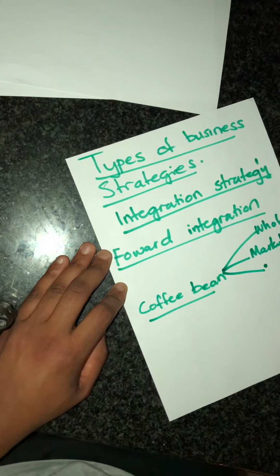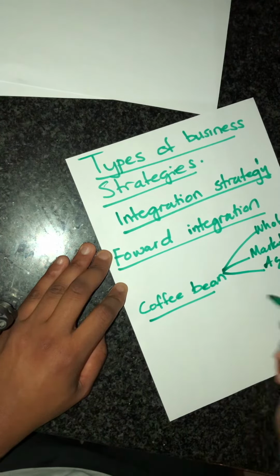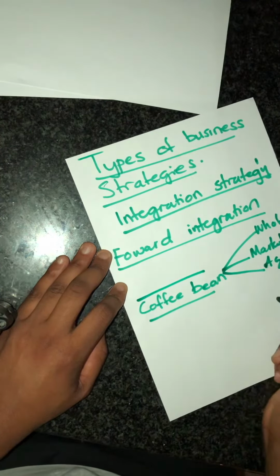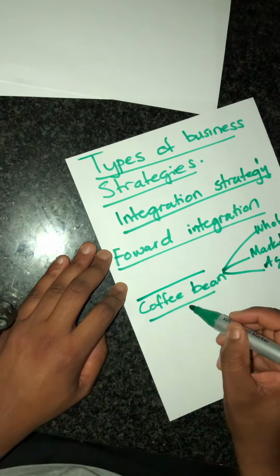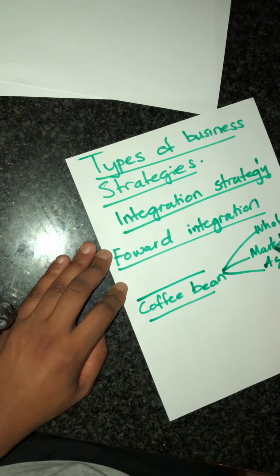Or you've got your agents who sell for you. Now, this coffee bean moves from giving to your middleman or distributors, which are your wholesalers, markets, and agents.